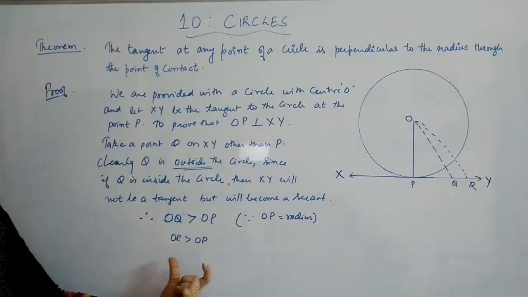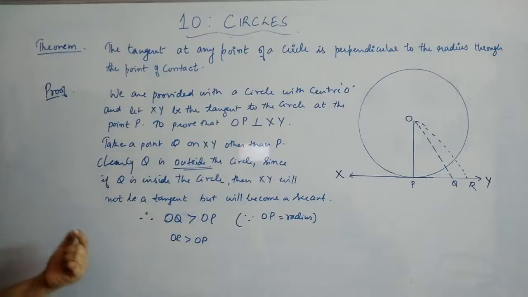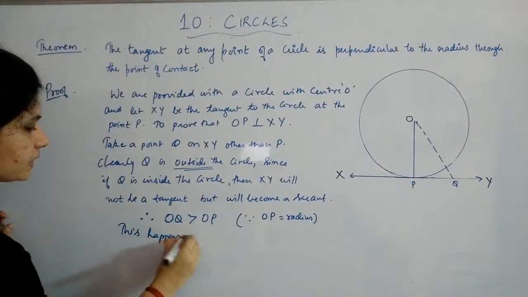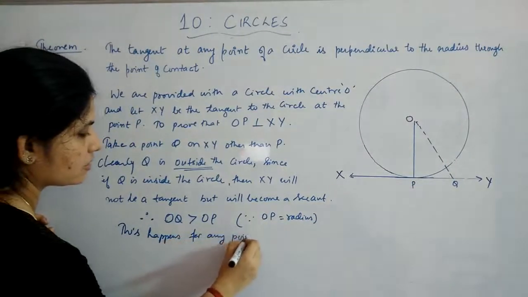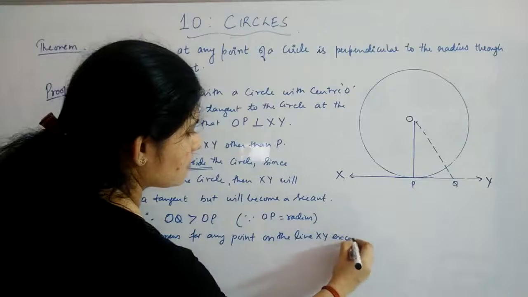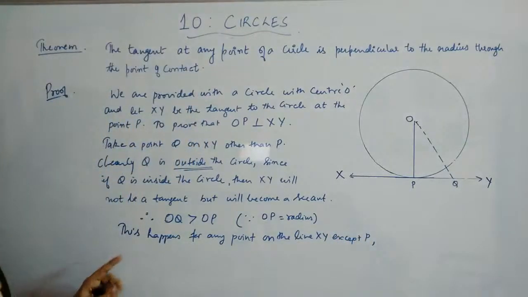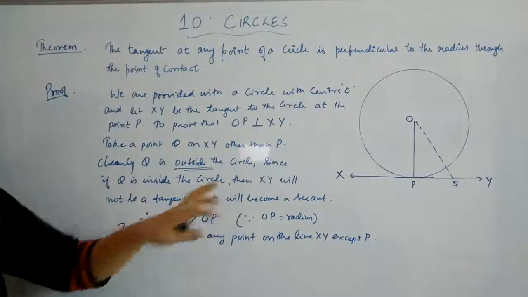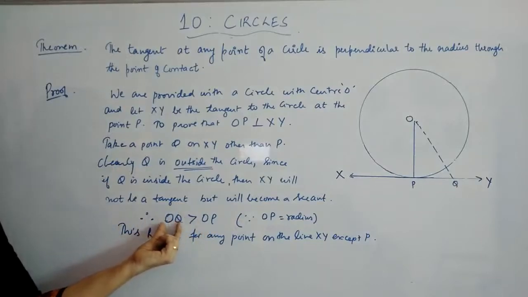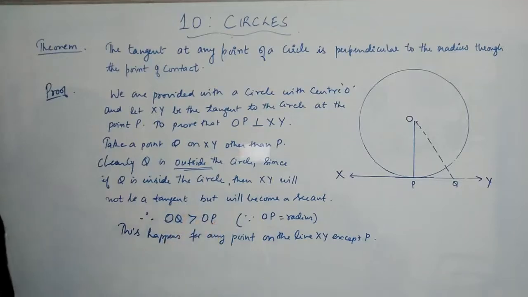That means for any point lying on XY, the distance from that point to O will be greater than the distance between O and P. So this happens for any point on the line XY except P. This will happen for every point which you are taking except that point P. Whatever point you are taking on XY, this is the only case which you are getting.